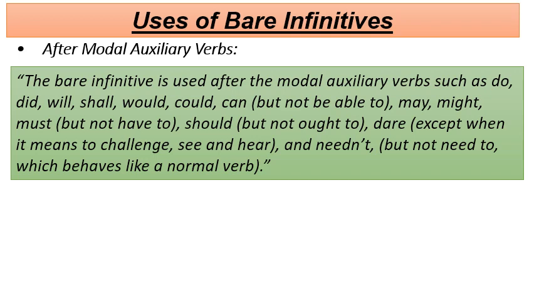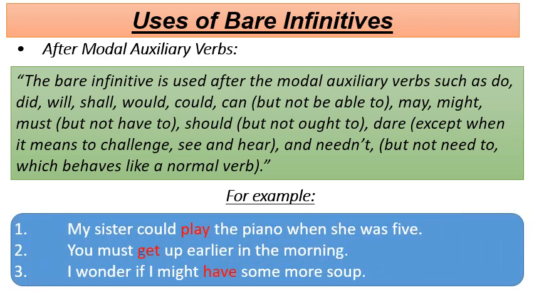The bare infinitive is used after modal auxiliary verbs such as do, did, will, shall, would, could, can, but not able to, may, might, must, but not have to, should, but not ought to, dare, except when it means to challenge, see and hear, and need not, but not need to, which behaves like a normal verb. To clarify it, let's see some examples.